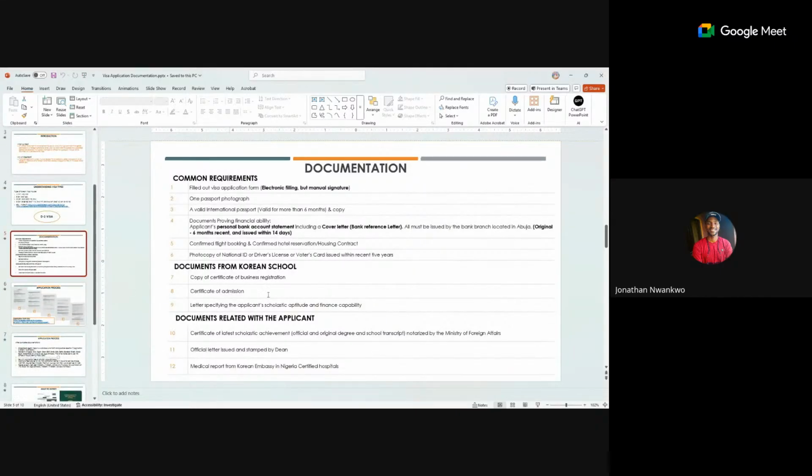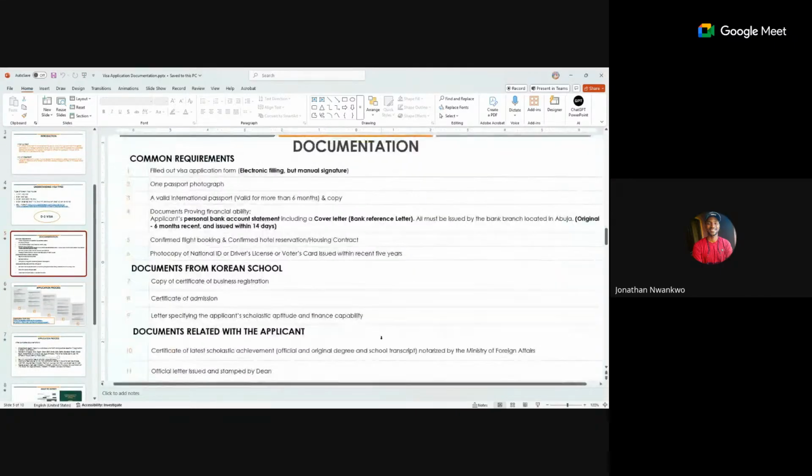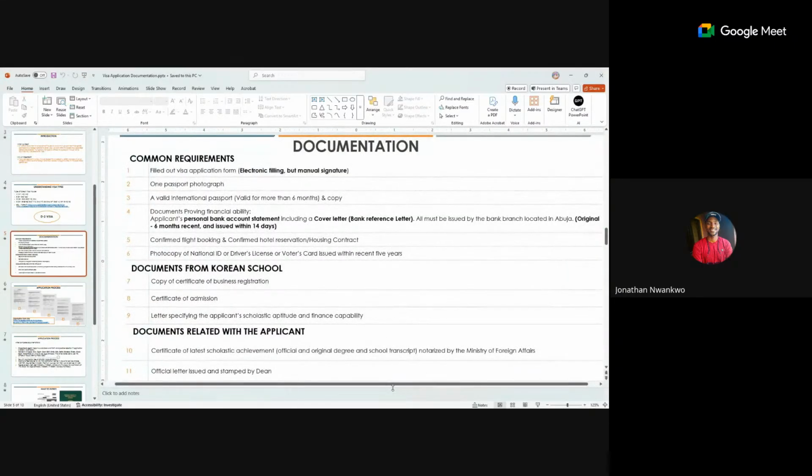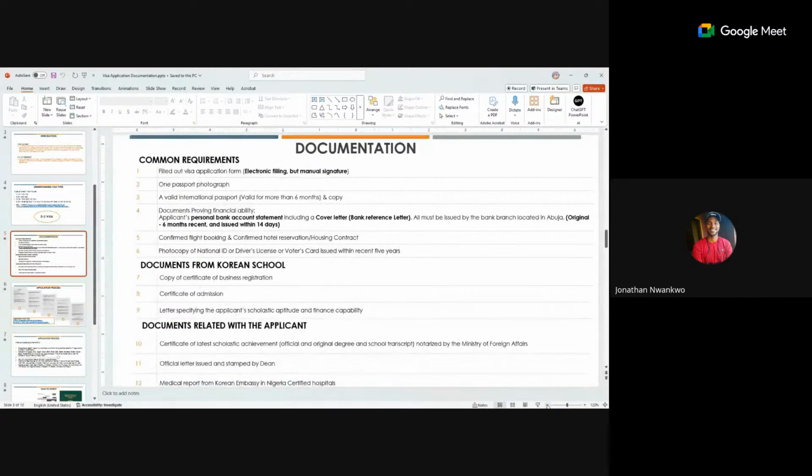So the documentation. Basically, there are three requirements for the visa application. The three documents that you require. There's the common requirement, which everyone, regardless of your visa type, is supposed to provide. And then specifically suited for D2, there is a document from the Korean school which you are coming to join, and a document that is related to you as the applicant.